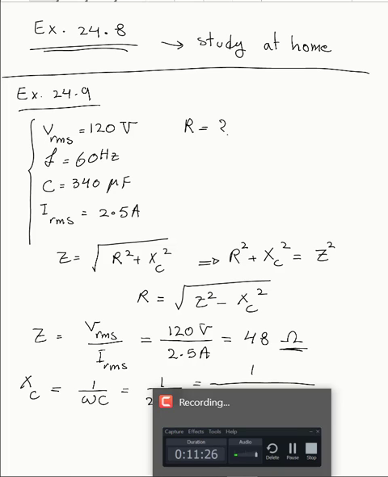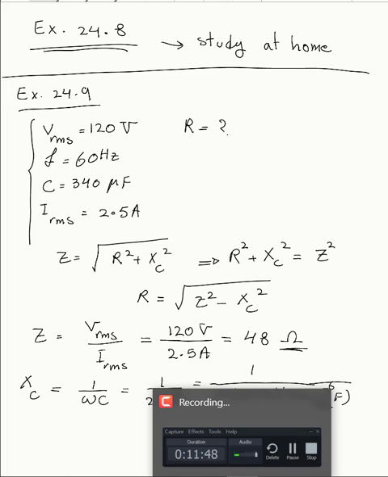Now let's find the capacitive reactance X sub C. This is very similar to what we had before. I write 1 over omega C, break omega into 2 pi f, and plug in the numbers. Again, we do not forget to convert the capacitance to farads.